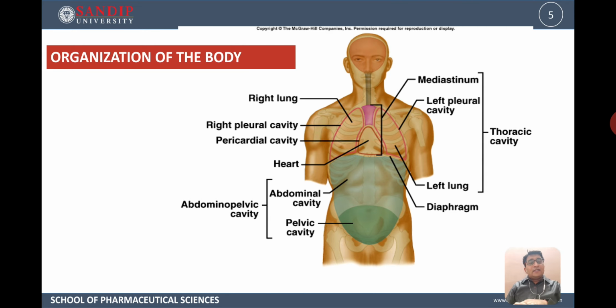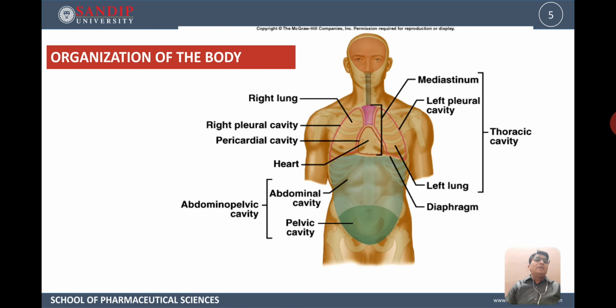The last figure is the same, only this is the ventral or anterior side. You can observe the right lung, right pleural cavity, and pericardial cavity, which is the location of the heart. The mediastinum is the upper part which is connected to the heart.